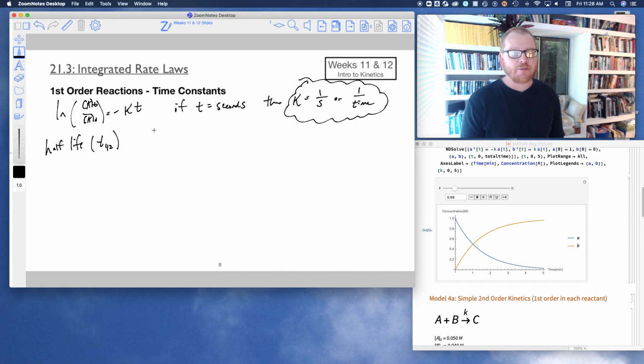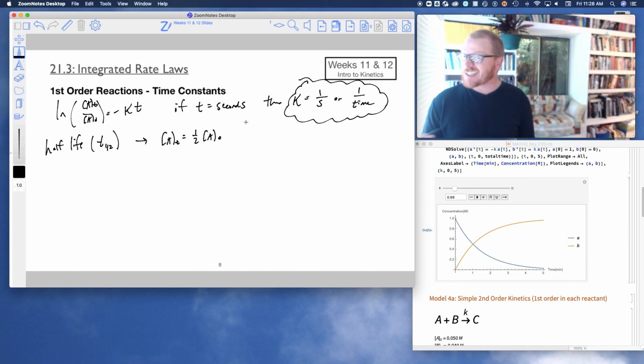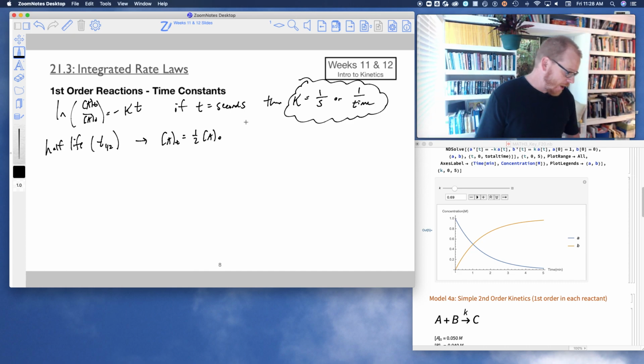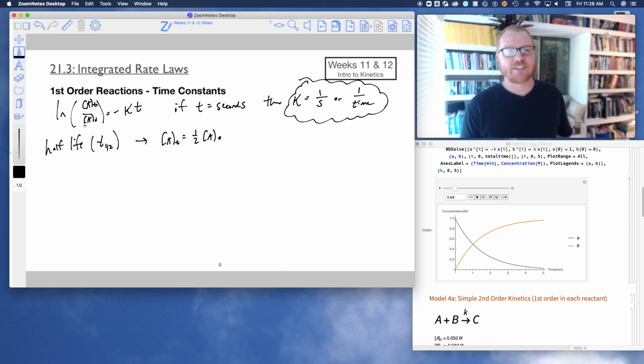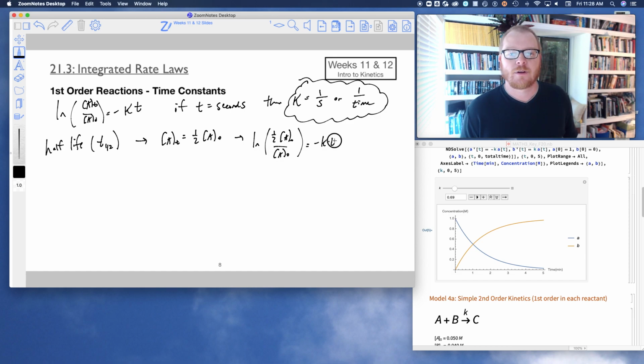And I can get to the half-life by saying A at time t equals 1/2 of A initially. So that's the definition of half-life, okay? And when I substitute that into this equation, right, I can say now the natural log of 1/2 of A0 over A0 equals negative kt, all right?